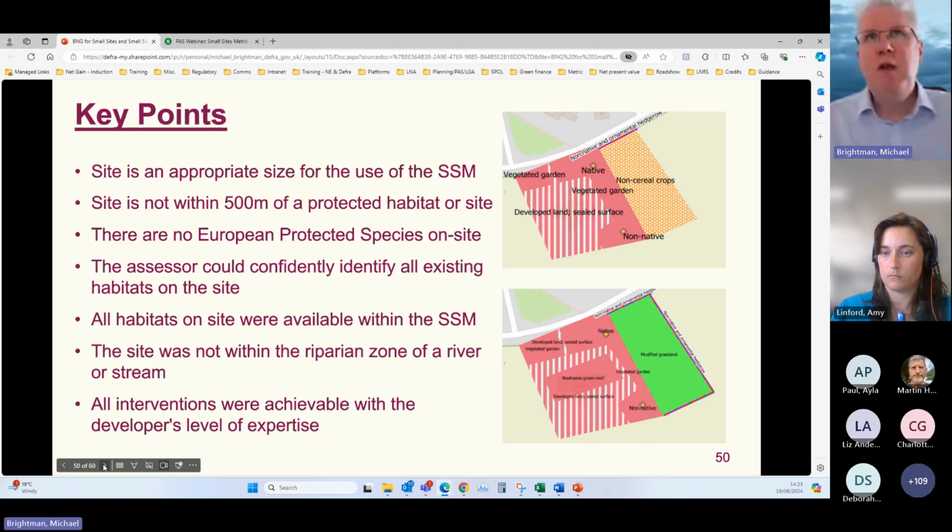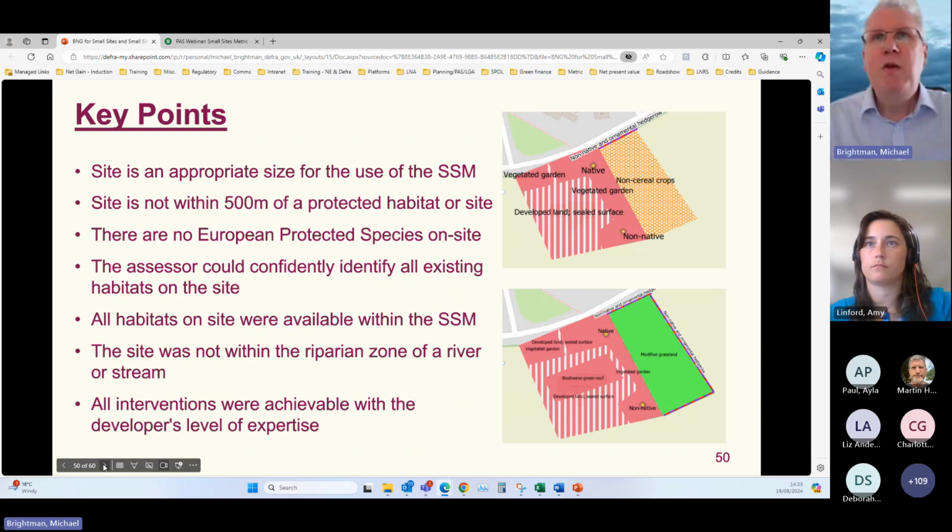Having done that, what we need to have considered is, first of all, whether the site was appropriate for use of the small sites metric, and given the baseline it was: it wasn't within 500 metres of protected sites, there was no presence of European protected species, and the assessor could confidently identify those existing habitats on site, that is the non-cereal crops, vegetated garden and tree.